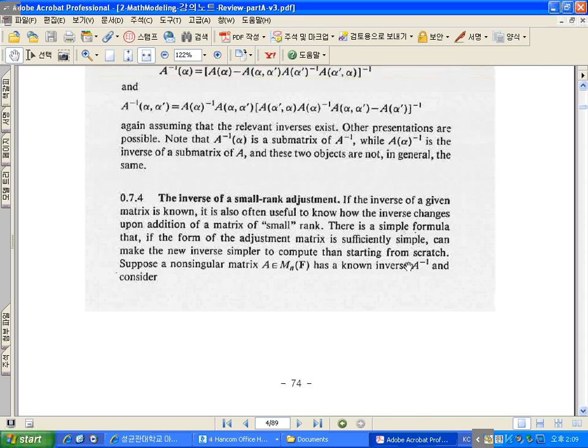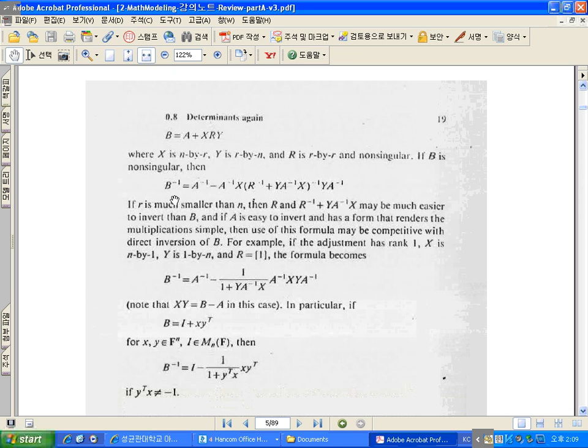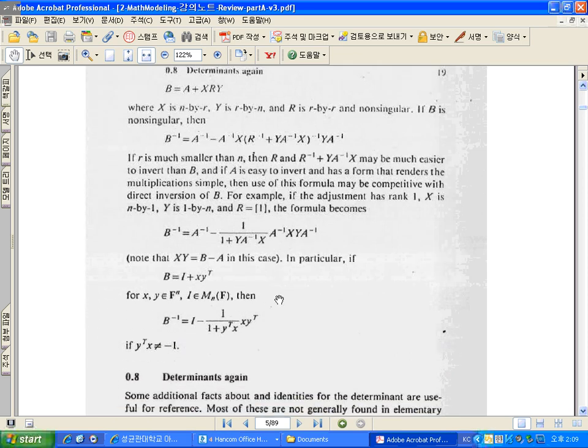Next, the inverse of a small rank adjustment. Suppose the matrix B is A plus X R Y, then B inverse can be obtained in this way. And as a special case, when X is n by 1, then B inverse can be obtained in this way.